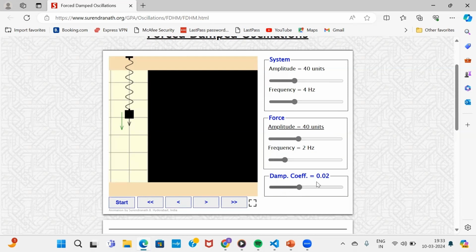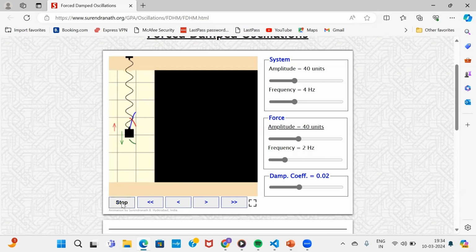We consider the damping coefficient equal to 0.0 in this case and 0.2 in this case, and the applied frequency is 2 Hz. Then the system oscillates with the frequency of the applied periodic force, that means with a frequency of 2 Hz here.